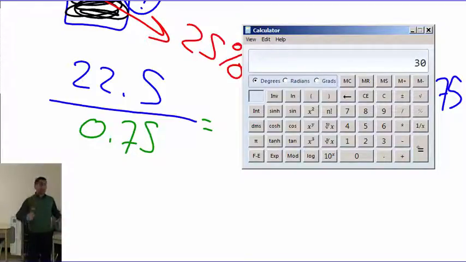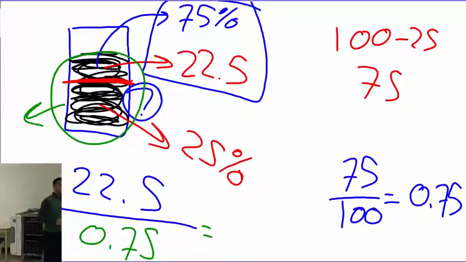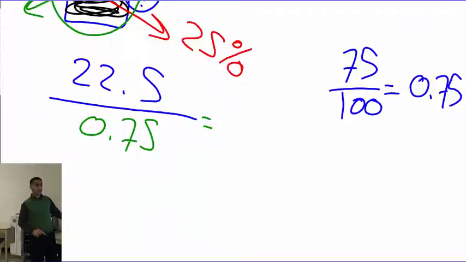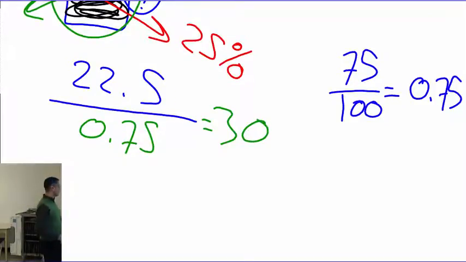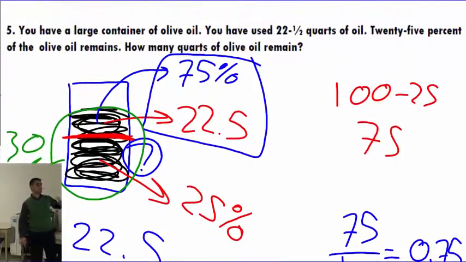So what did I find out? The piece I use to get the whole. So everything here, once again, the oil here, all the black colors here, oil, everything here is in quarts. What I find out is 30. Let's write that down. 30 quarts. So this is 30. And the question is not asking me everything. Question is asking me how much oil actually remains. This is the remaining part, which is 25%.